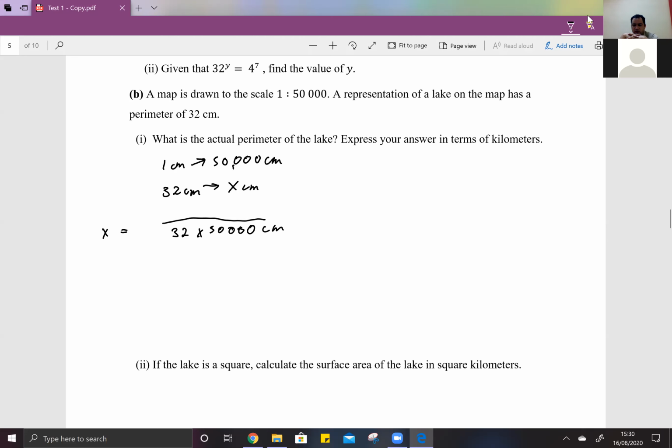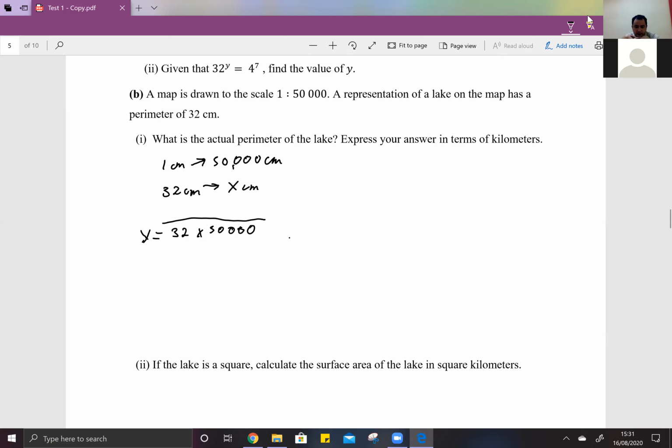Can you delete the CM? We will put the units in the final answer. On the left-hand side, write X equals. When you cross multiply, on the left we have 1 times X, on the right we have 32 times 50,000, right?